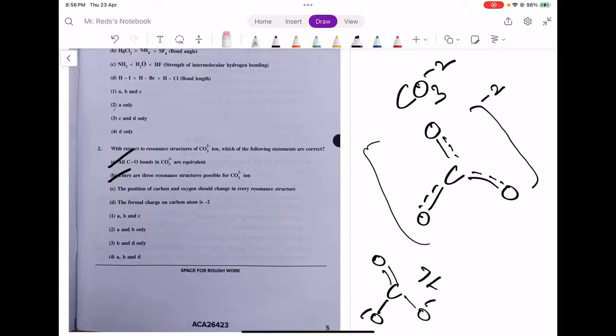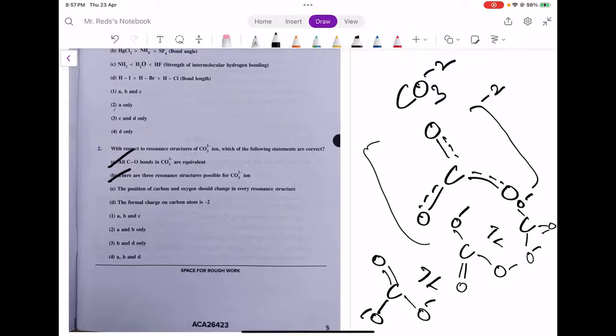C, O minus, double bond O minus. In the third structure, C, O minus, double bond O.